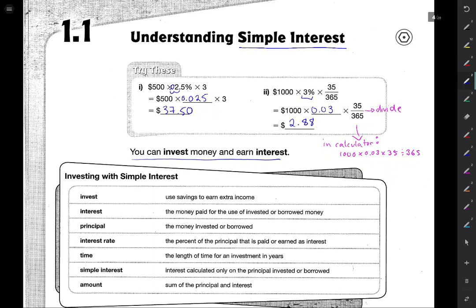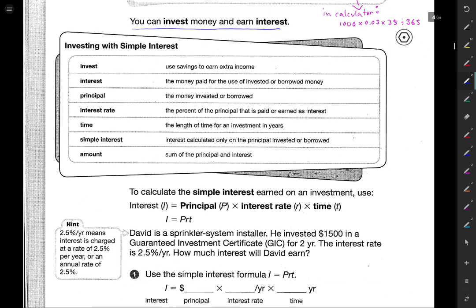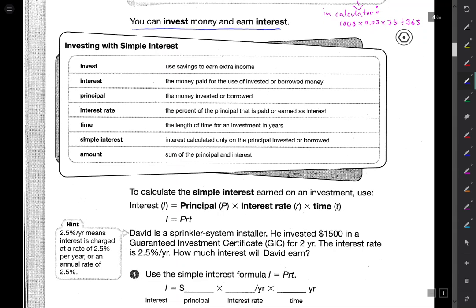Now, that is just an example of it. Here, we're going to be looking at how to calculate interest and how much interest you will earn on an investment. So this here is a very important formula. I is equal to PRT. And what that means is I stands for interest is equal to the principal amount. So the principal amount means the initial amount that you start with times the interest rate.